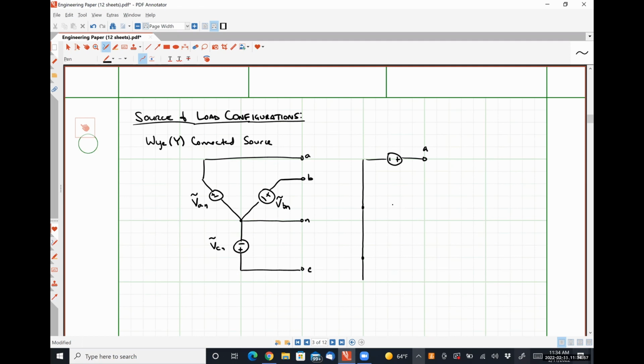Here's A, here's B, here's C, here's N. So that this would be voltage VAN, sorry, getting ahead of myself. This is voltage VBN. This is voltage VCN.